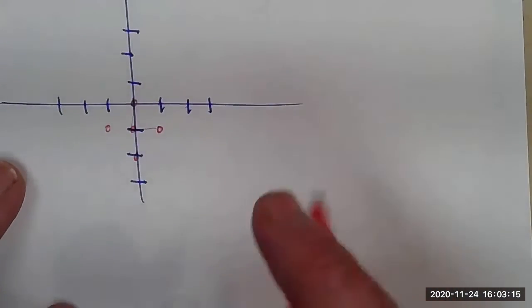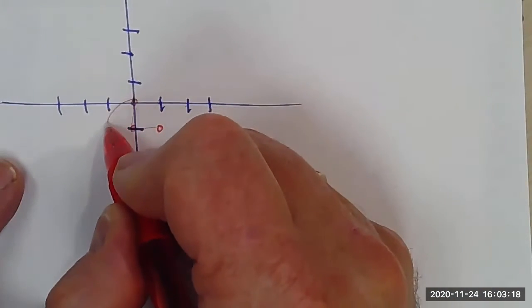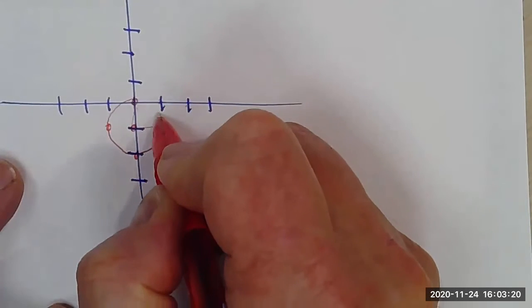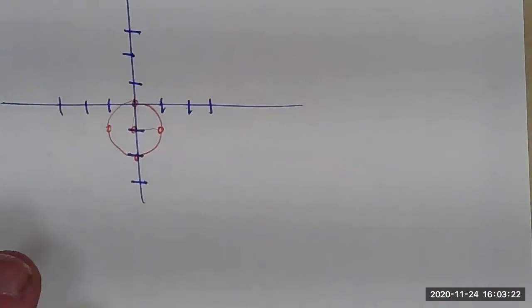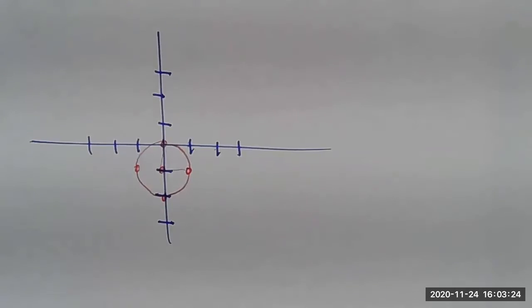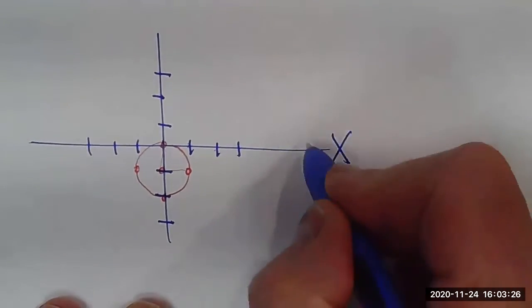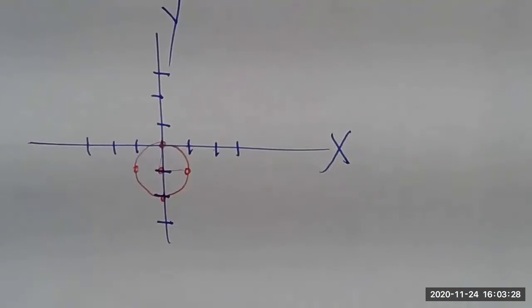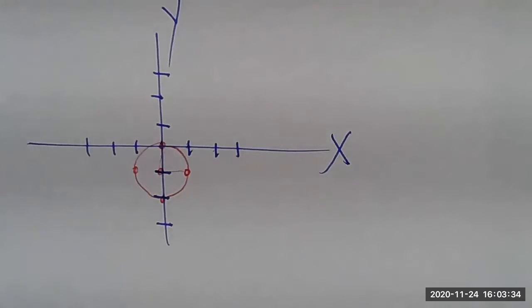The circle is going to look like this. Yeah, that's pretty good. This is your x-axis. This is your y-axis. So I want to be able to graph that same image using polar. So I need the equation in polar form, and that's where the work is supposed to be done in this part of the problem.